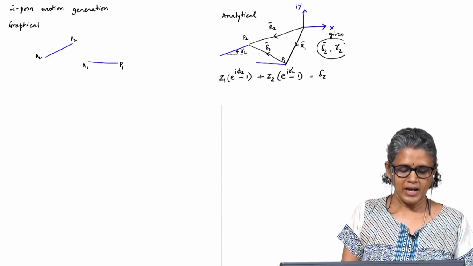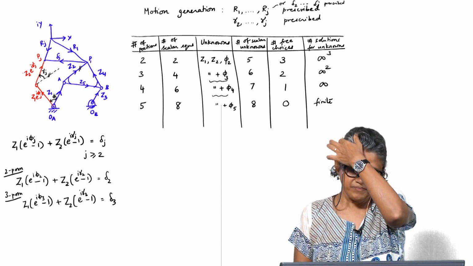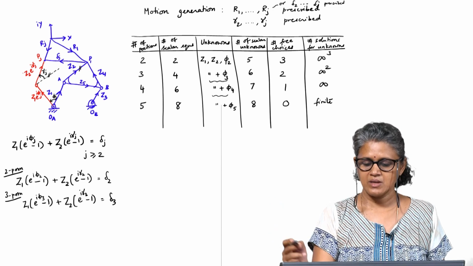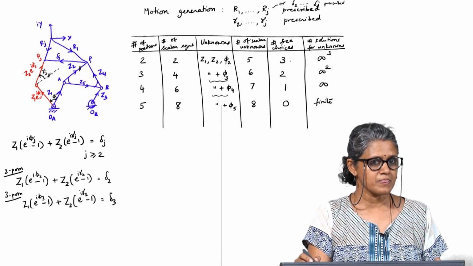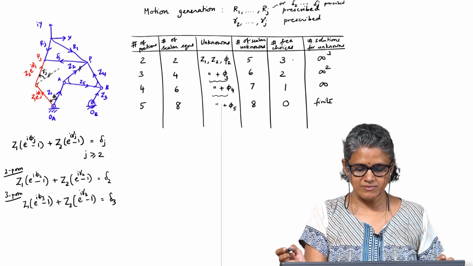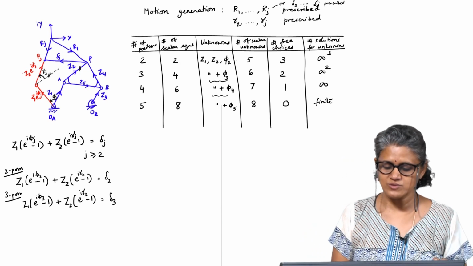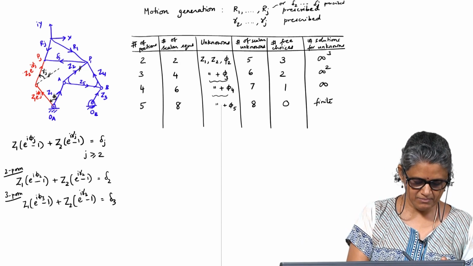And I know from this table here that I have 3 free choices for the solution. I have a 2 position problem, my unknowns are z1, z2, and the number of free choices is 3.